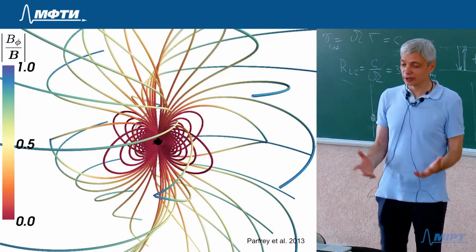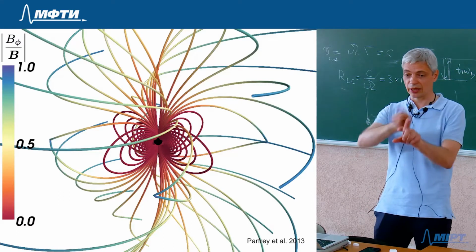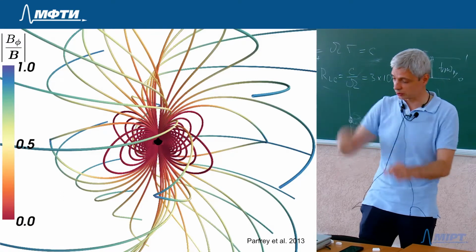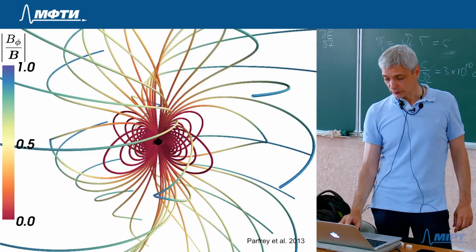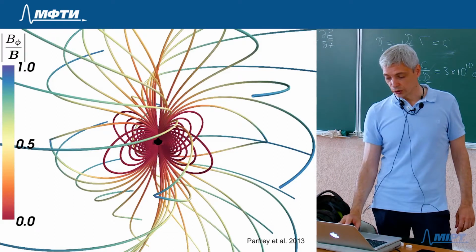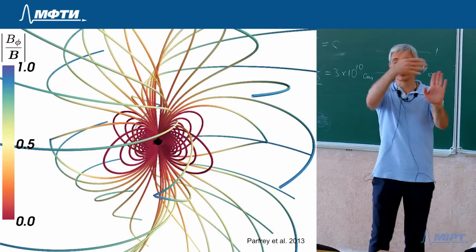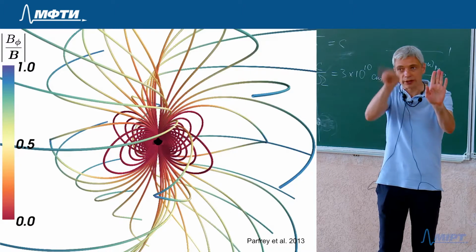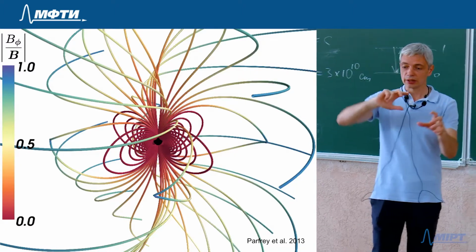Okay, I'll tell you something about the color. The color basically is the ratio of B phi to B. It tells you the angle, how tight this spiral is. The movie shows 4 slices of poloidal field lines like this, and then another, like 4 quarters.